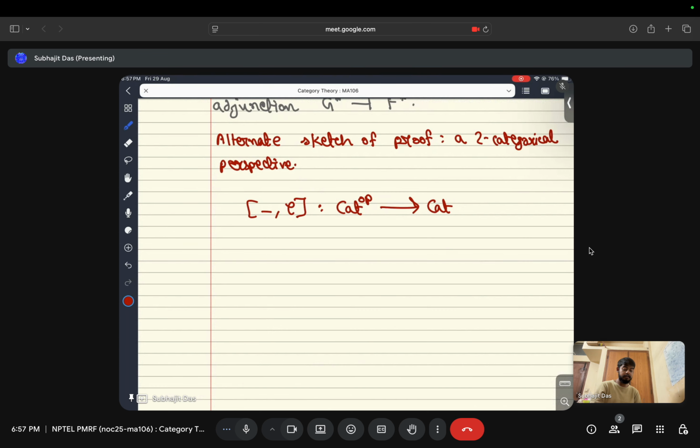Okay. So think of, as I mentioned, Cat is a two category of categories, functors, and natural transformations.